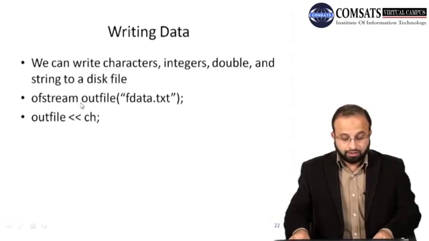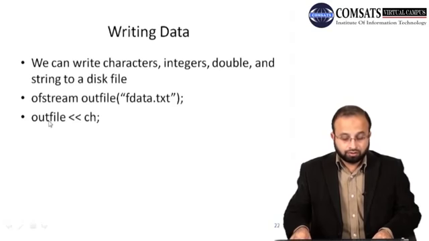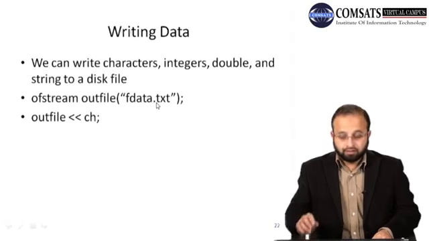If we want to write something in the file, we just insert that thing into the output file stream. For example, ch is a character whose value we want to write, so we use the insertion operator and insert the value of ch into the outfile stream. What it does is write that value in the fdata.txt file.